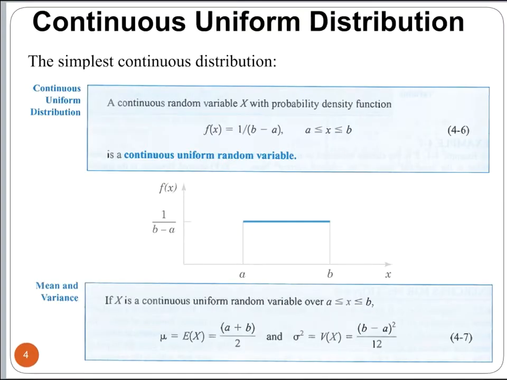So starting with the continuous uniform distribution, it's not that much different from the discrete uniform distribution. In the continuous uniform distribution, typically the continuous random variable x has a continuous range of values, starts with value A, finishes at value B, and in between, the probability density function is a constant value, which means that if you move a constant distance, you will get a linear increase of the area, right?